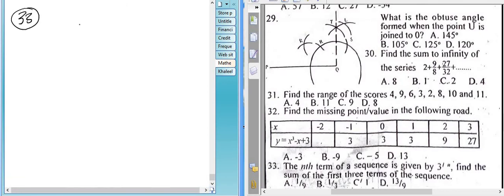So question number 33 says the nth term of a sequence is given as Tn is given as 3 to the power 1 minus n. So we were asked to find the sum of the first 3 terms. So T1 is going to be equal to 3 power 1 minus 1, which is 3 power 0, which is equal to 1.